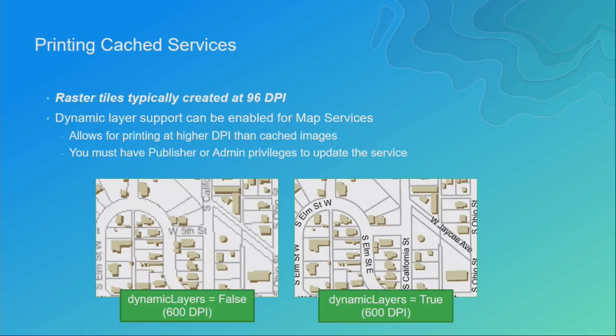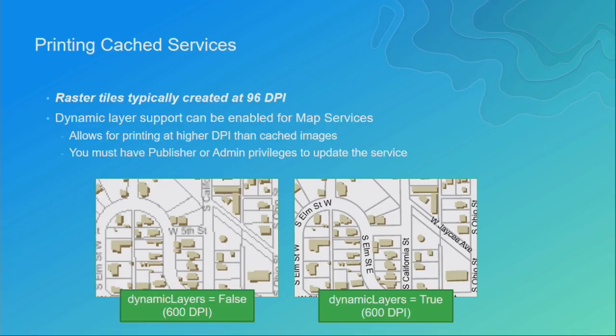So you can see on the left, if dynamic layers are disabled, we'll just draw the tiles raw. You get that pixely blocky image. On the right, if dynamic layers are enabled and we're drawing at 600 DPI, we'll actually issue a 600 DPI request and bring that down.